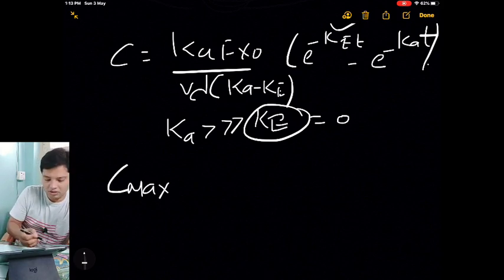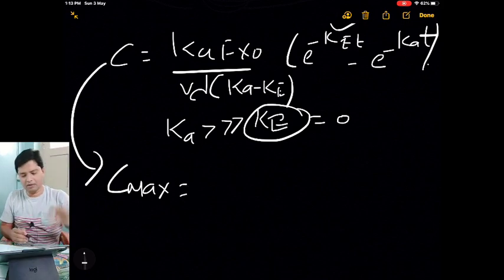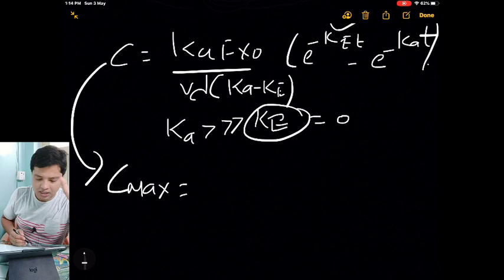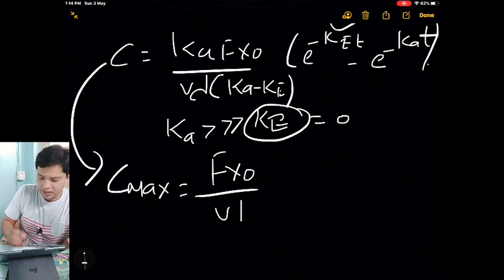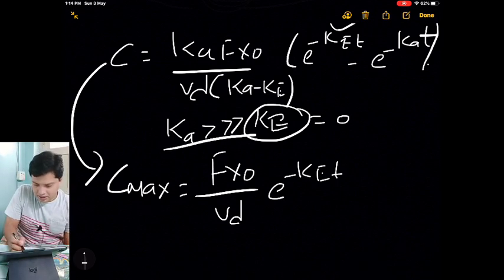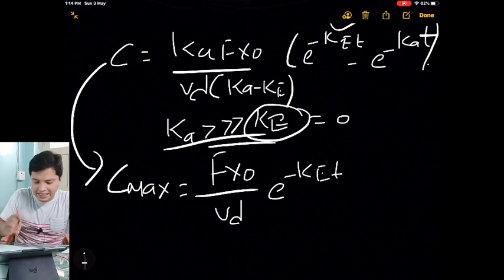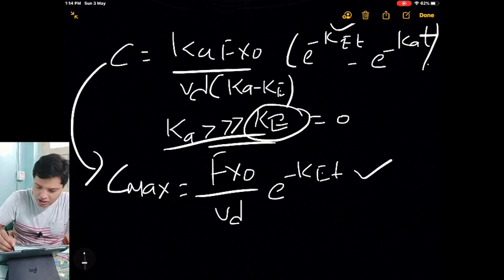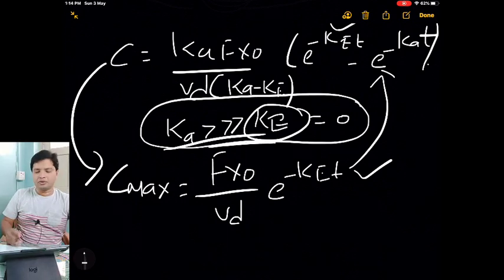In the main equation, whatever the concentration is, it will be converted to C max, and we will be remaining with F X naught divided by Vd into e to the power minus Ket. If we substitute this in the above equation and modify it, we will get this equation. So I brought this equation from the earlier one considering this logic.